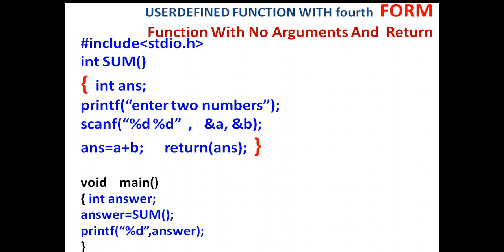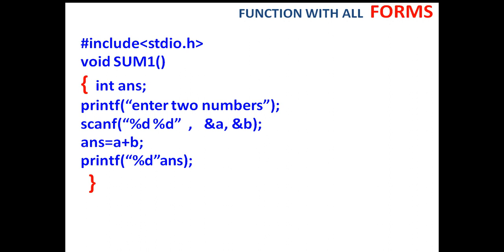Now we have learned the fourth category also. Now we will write functions of all 4 categories in a single program. So here, first of all, we have written a function with the first category. What is the first category? A function which takes no argument and doesn't return any value.